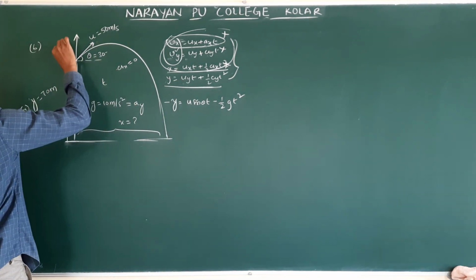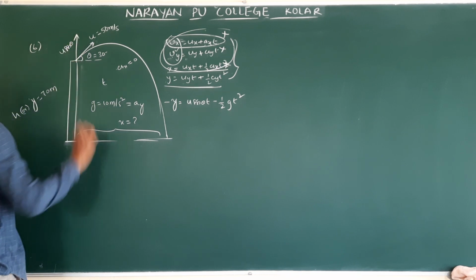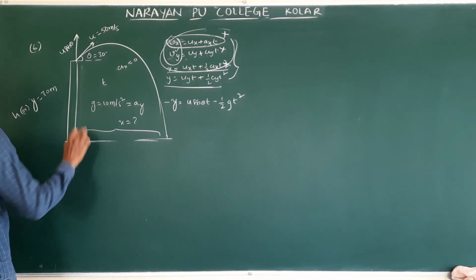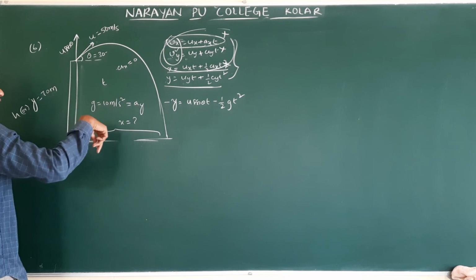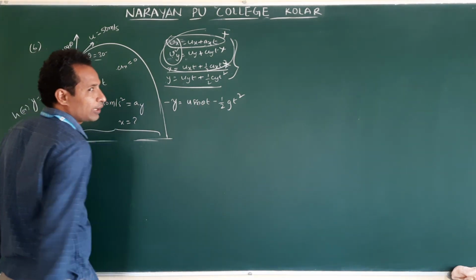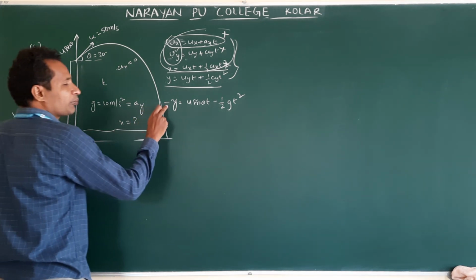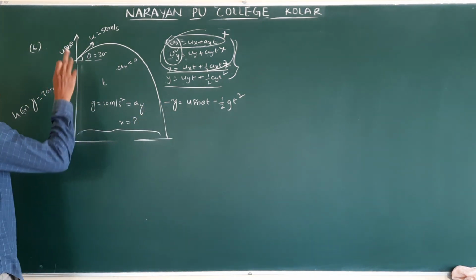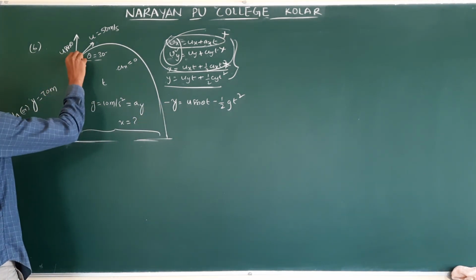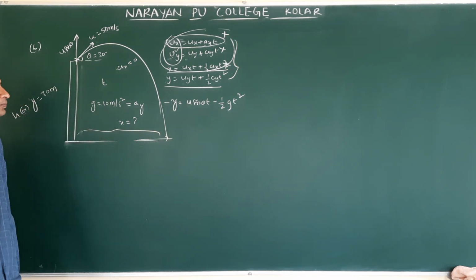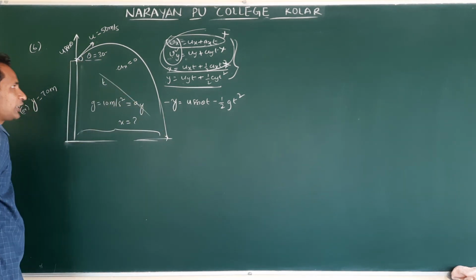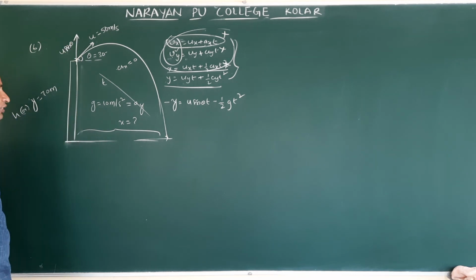The component is u sin theta. What is ay? G. But u sin theta is acting up, g is acting downward. That's why minus. The displacement also is downwards, that's why it is minus. What is the y direction displacement from the top of the tower to the foot of the tower? This is not the y direction displacement. We are talking about this direction.